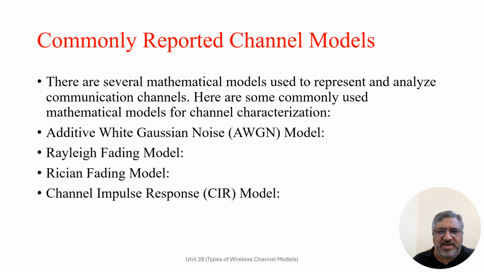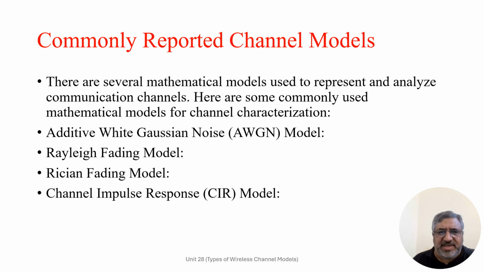The CIR model is comprehensively used to analyze the time-based dispersion effects of the channel, such as intersymbol interference in digital communication systems. It is often derived from measurements or can be simulated using mathematical models such as the Saleh-Valenzuela model or the Jakes model.